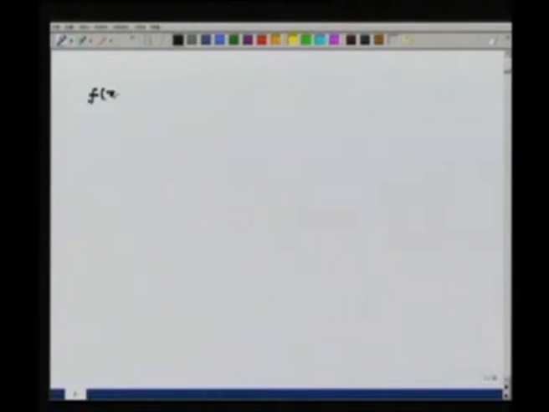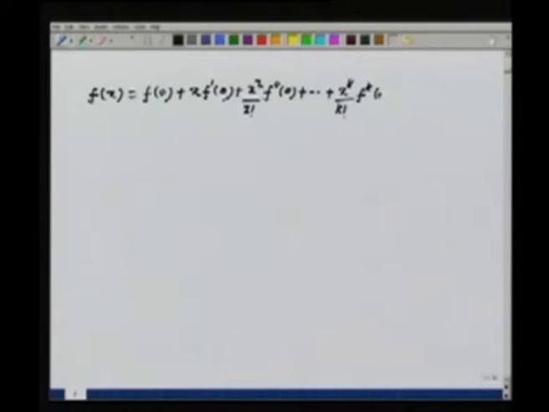So in the light of this, I can actually write down f(x) as this. This is equal to f(0) plus x f prime(0) plus x square by factorial 2 times f double prime(0) plus and so on, x to the power k divided by factorial k times f^(k)(0), and then we go towards the last term.